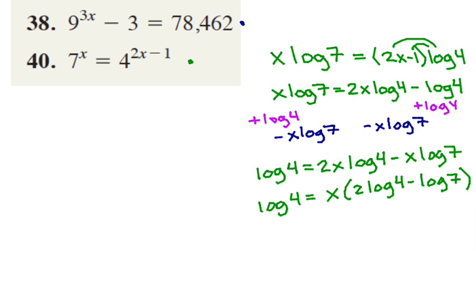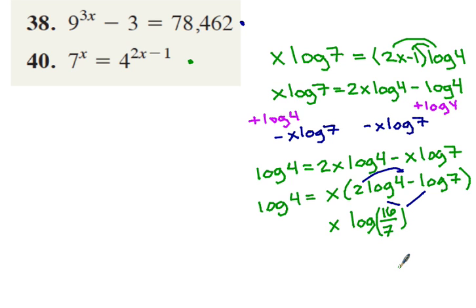Now you have two logs that you can combine together if you want, to make this a little simpler. I could move that 2 back into the exponent spot. So this could look like x times log of 16 divided by 7, because of that subtraction step.